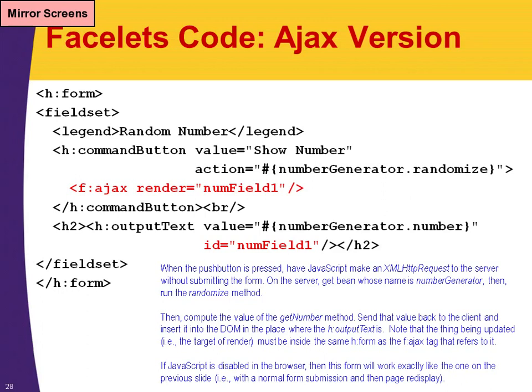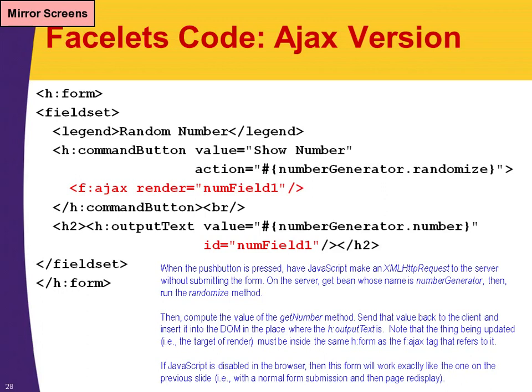You push the button, the JavaScript makes an Ajax call to the server, doesn't submit the form, asks to execute that and then to render the num field, one ID, and then the server does that. It does a getNumber, number being one of the properties, and then inserts it into the DOM on the other side, so that when the browser redisplays it, it now has the new value in it.